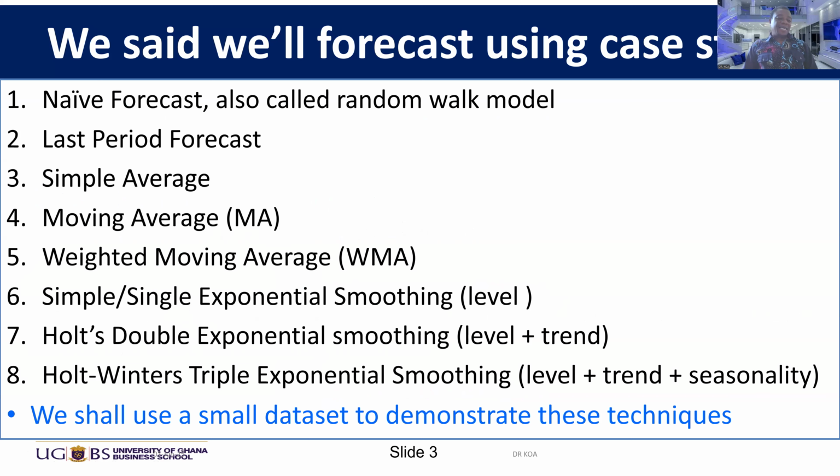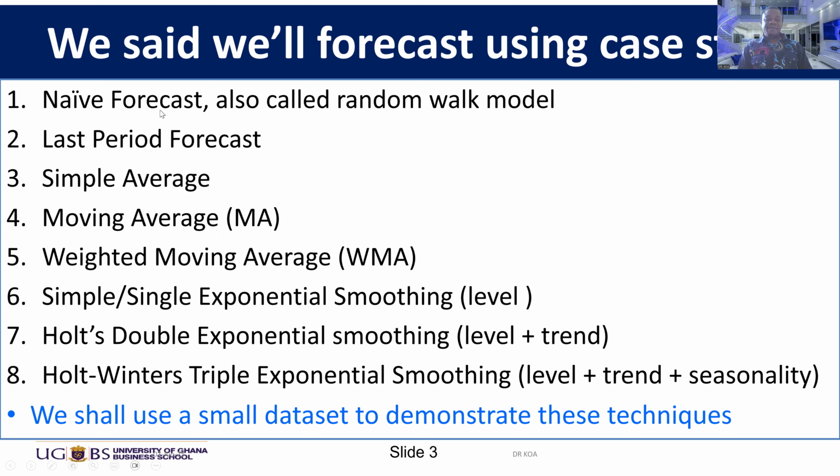These are the 8 different classical forecasting techniques available. We are not going to do all, we are going to do 1 to 6, because the last 2 are quite deep, but we'll flag them along the way.